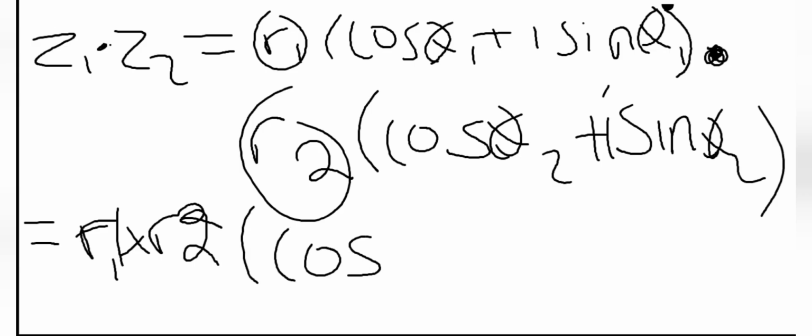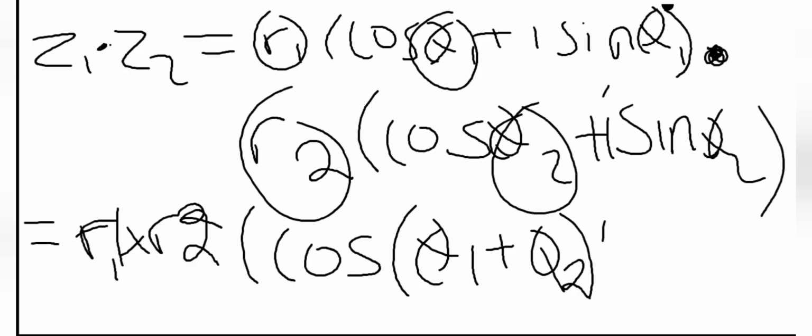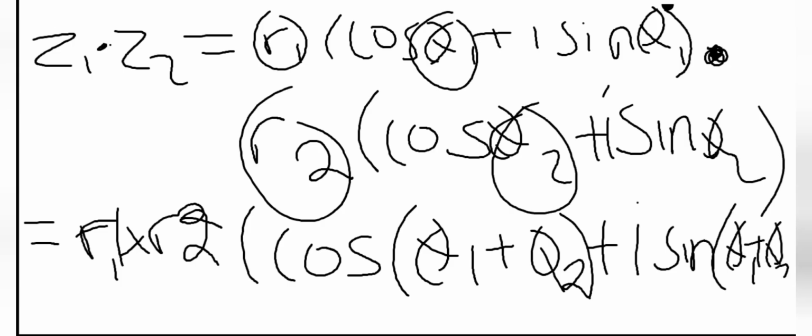The angles, angle 1 and angle 2, will add. So we add angle 1 plus angle 2, plus the i, which is sine of angle 1 plus angle 2. This is how you go about it when you are multiplying polar complex numbers.